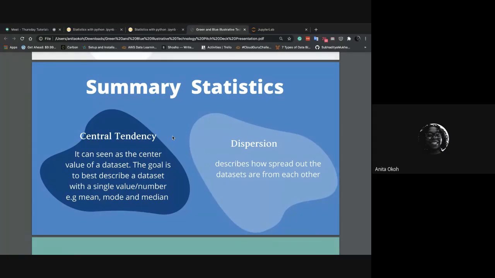People use central tendency when they say, on the average, 20 people make $20 million a year. It's like summing everything up to just one number to describe how best the data is. And dispersion is a little bit different because it describes how spread out the data sets are from each other.